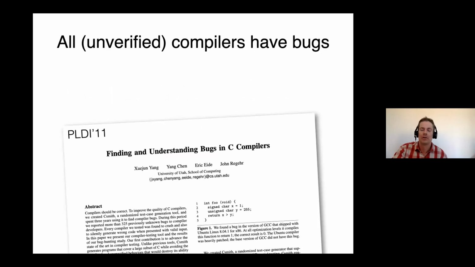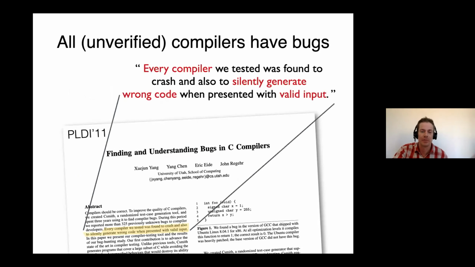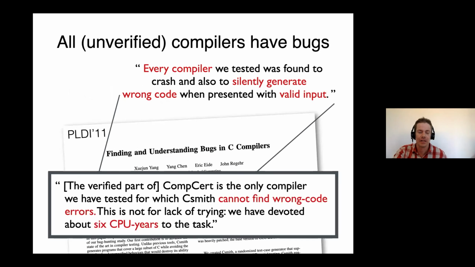But that's not quite true in general. All compilers have bugs, as this paper showed. This paper from 10 years ago showed that every compiler that these authors tested was found to crash and to silently generate wrong code when presented with valid input. There's one exception, though. The verified part of the CompCert compiler is the only compiler we have tested with CSmith for which CSmith cannot find wrong-code errors.